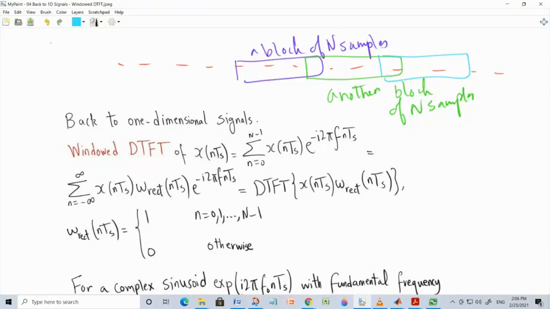So actual signals are typically non-stationary, and you divide your signal into blocks or segments of samples, and you do processing on a block by block basis. And again, you typically make the blocks overlap. So that's the idea of windowing. Windowing means that if you want to take the DTFT of a signal, it's still the DTFT, but I just want to take a summation from 0 to n minus 1.